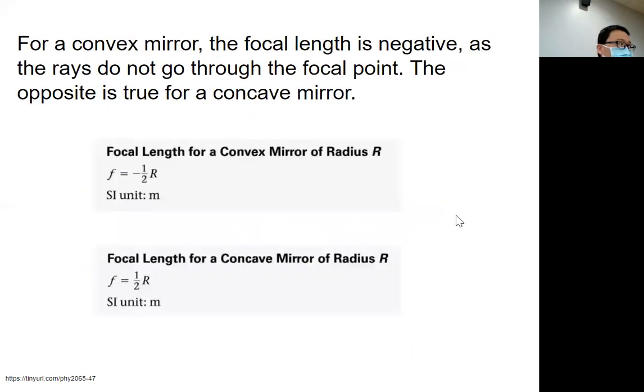In that case, the focal length for a convex mirror is equal to half of r, but with a negative sign, because the reflected rays on a convex mirror do not physically meet at the focal point. So you get negative r there. For a concave mirror, if parallel rays hit the mirror, they will actually meet physically at the focal point, so the focal length is positive in that case.